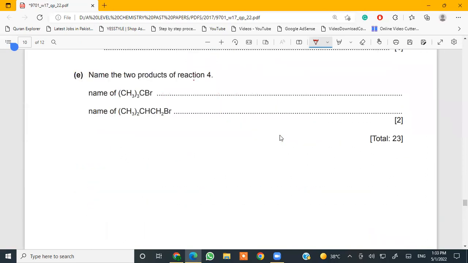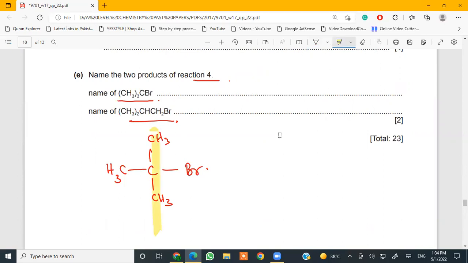And name the 2 products of reaction 4. You just need to name them. So how do you name them? First write down this, just expand the structure: CH3, CH3, and CH3. The very first thing you need to do is identify the longest continuous carbon chain, which is this one. You've got 3 carbons in the same line: 1, 2, and 3.